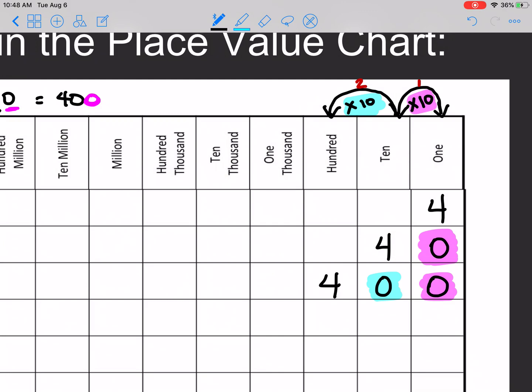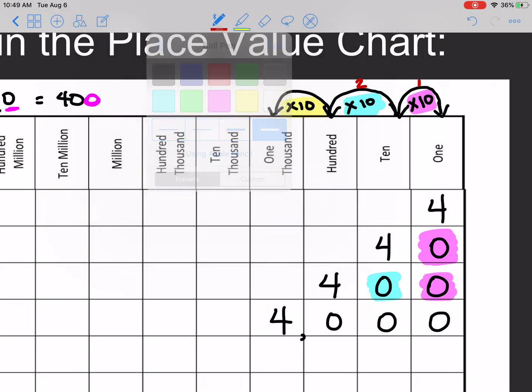So again, if I went from the hundreds place to the thousands place, I'm multiplying by 10. Now if I take my 4 and I'm moving it from the ones place to the thousands place, I have 1, 2, 3 zeros.